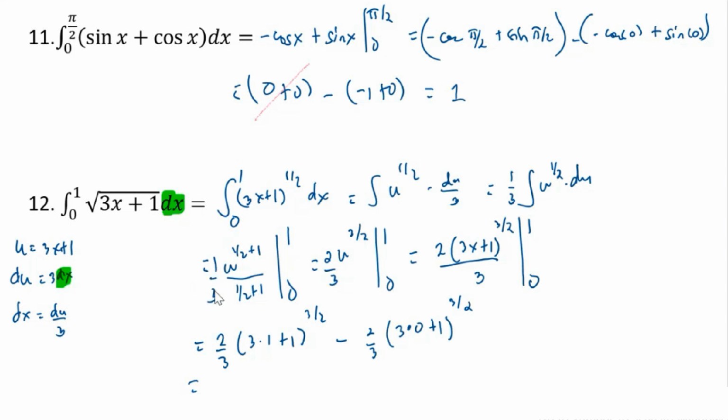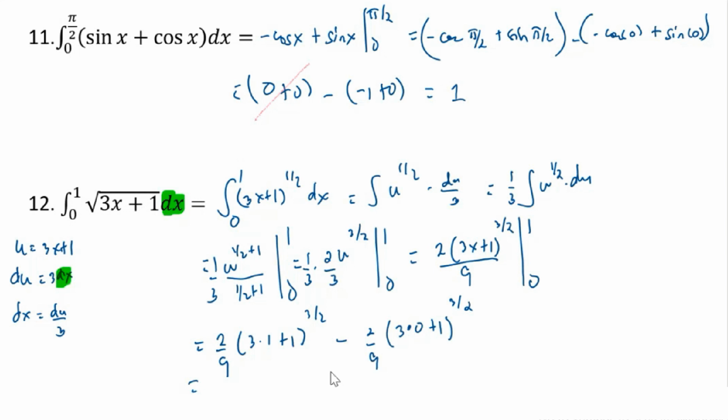So 1/3 times 2/3 becomes now 2 over 9, as well as this, so 2 over 9.